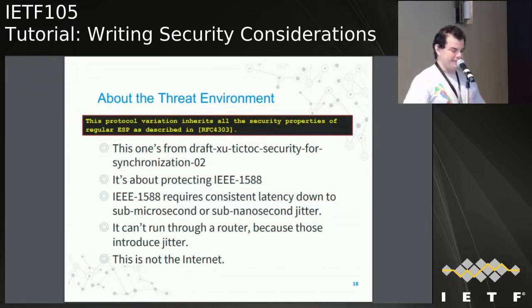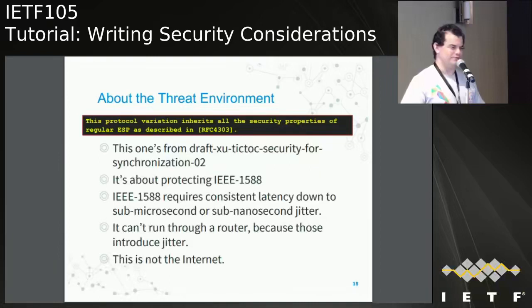Now, in case you don't know, IEEE 1588, also known as the Precision Time Protocol, requires consistent latency down to sub-microsecond or sub-nanosecond jitter. So when I first heard that, I said, well, any router is going to give you more jitter than that. And they told me, well, yeah, but our protocol doesn't go through routers.